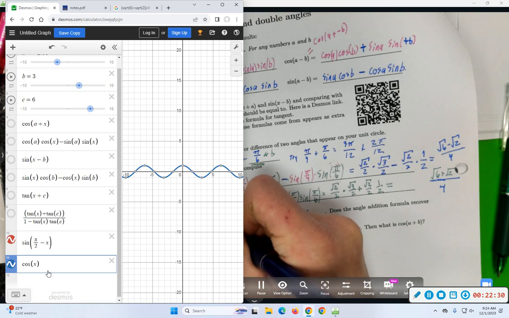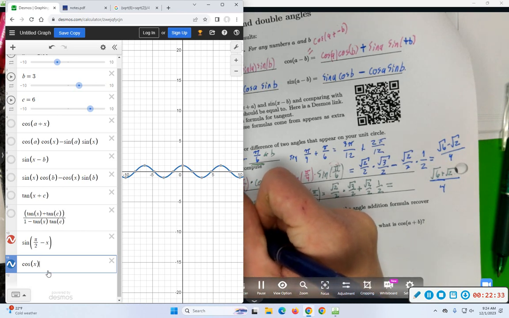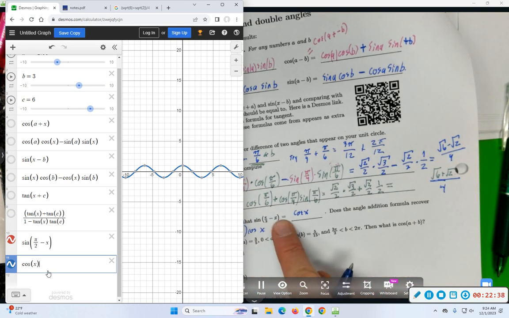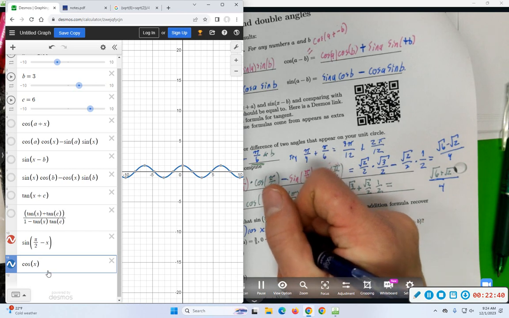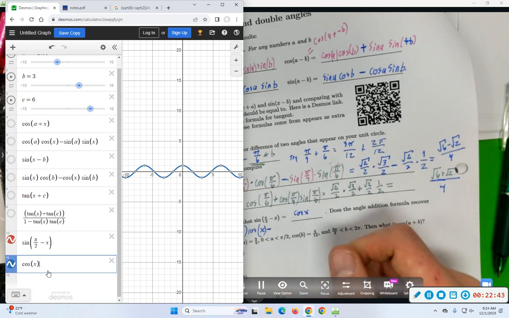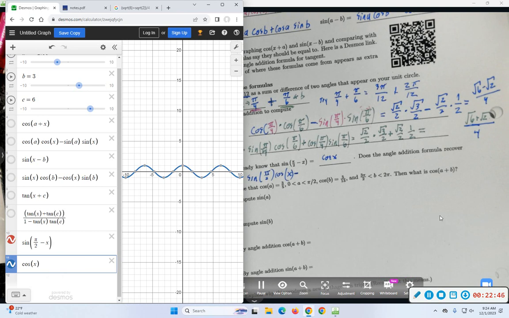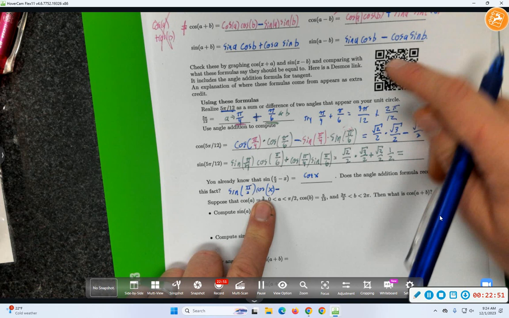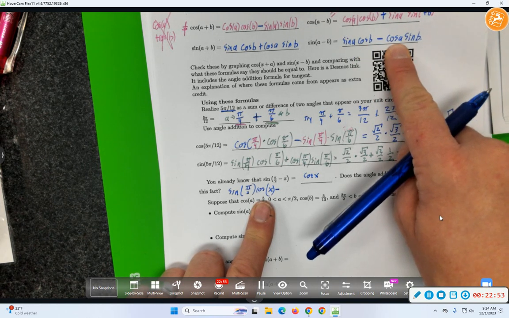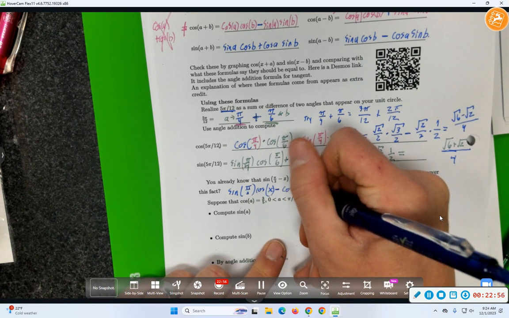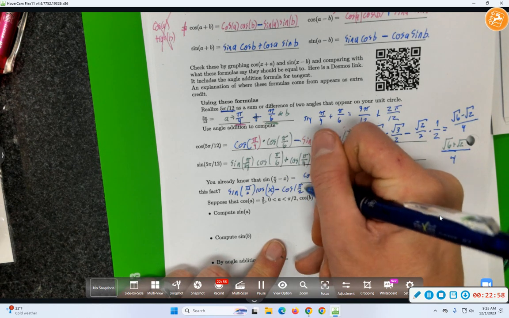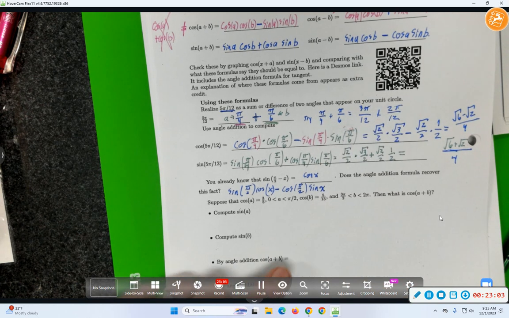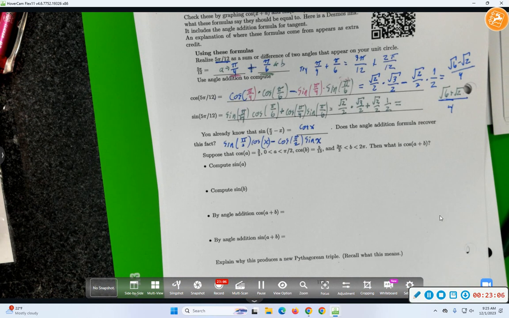So sine A, cosine B minus cosine A, sine B. That's sine of pi over 2 cosine of x, minus cosine pi over 2 sine x.